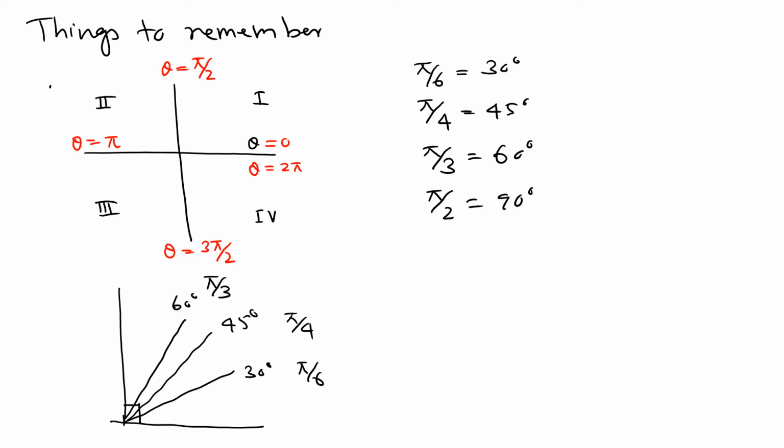Those things will be useful when we do problems. So this is 90 degrees. You have to get familiarized with these things. And you can see that it's very easy to work with radians compared to degrees.